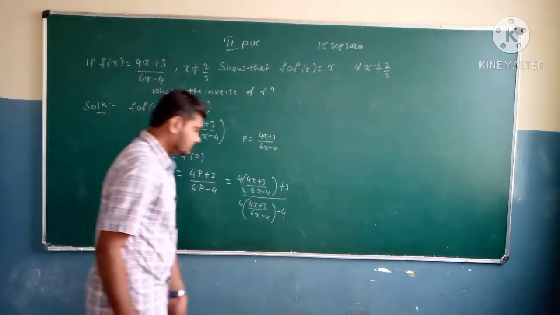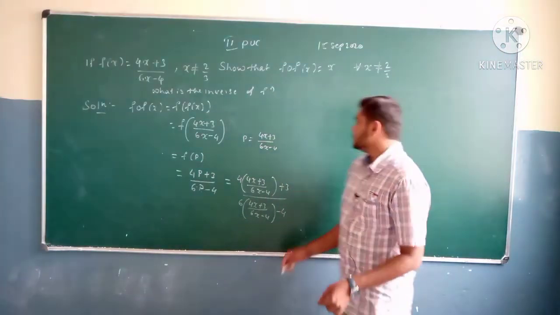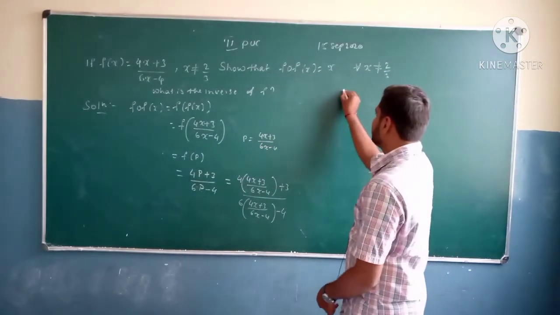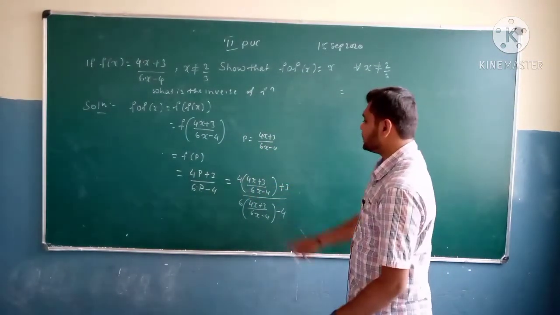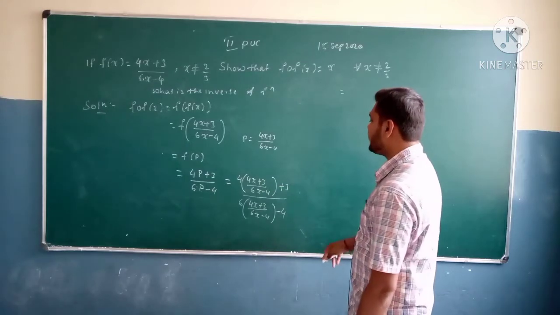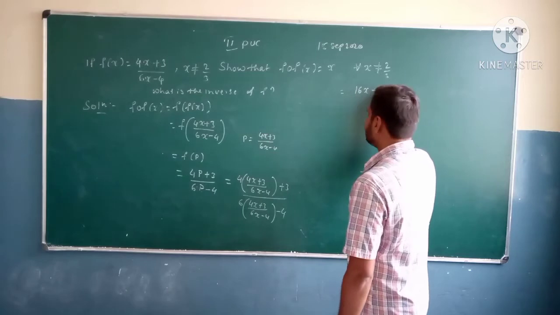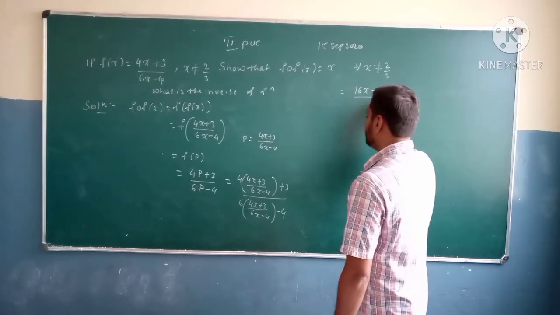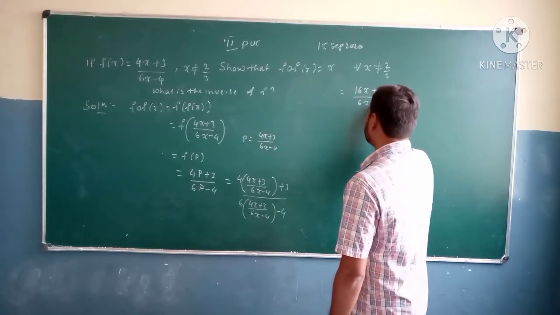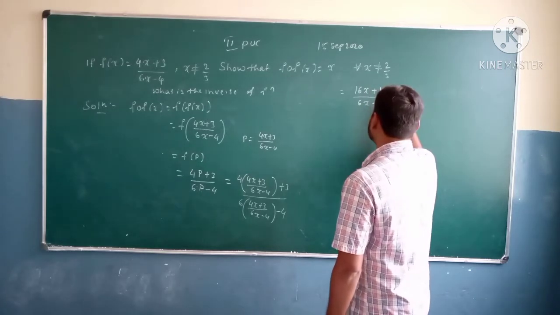Okay, next. I am going to multiply the 4 into the numerator 4x plus 3. So it's going to be (16x plus 12) divided by (6x minus 4), plus 3.